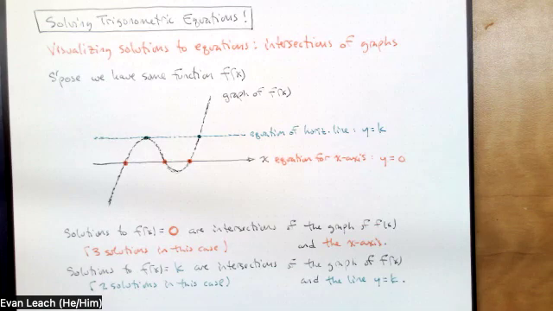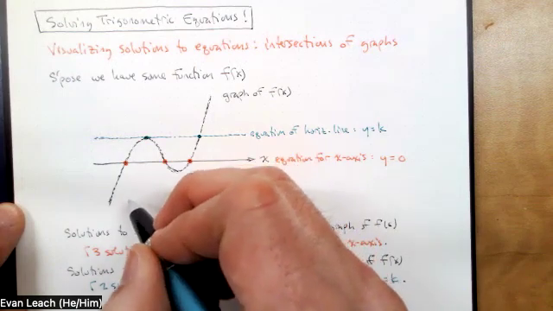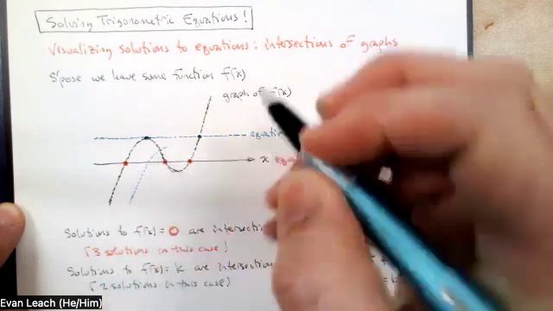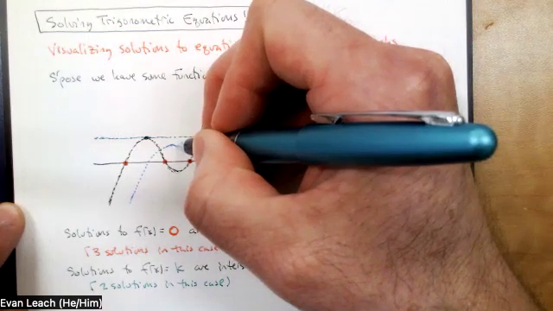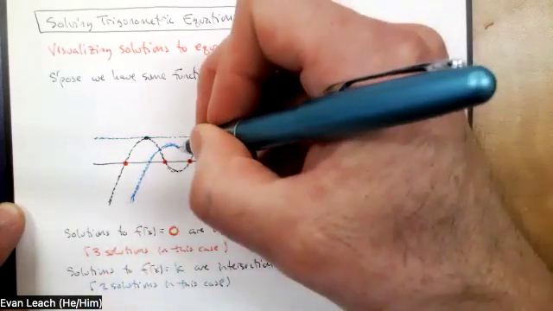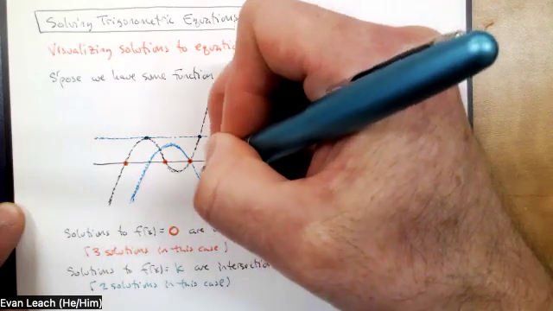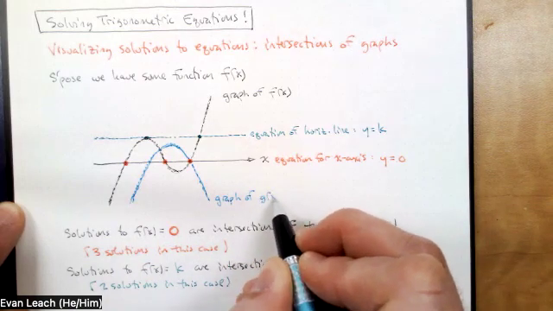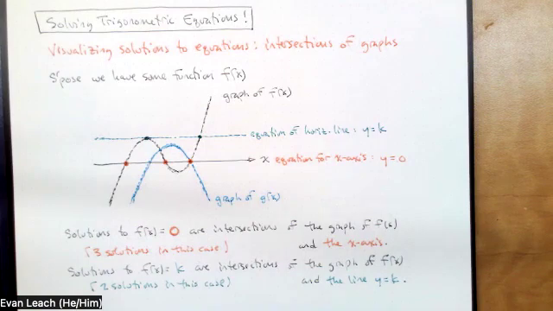It might be that we have not just f of x equals some constant, but f of x equals some other function entirely. So we have this graph of g of x, some other function entirely.